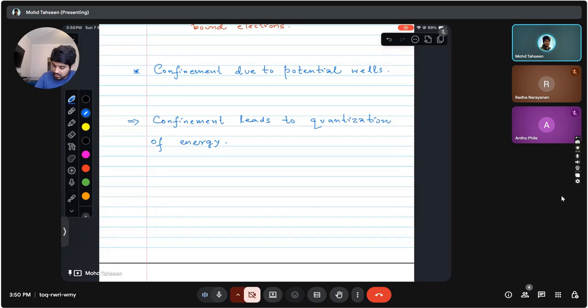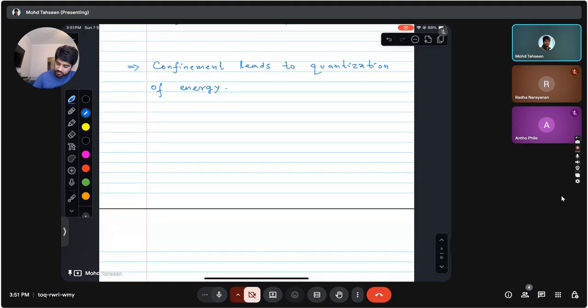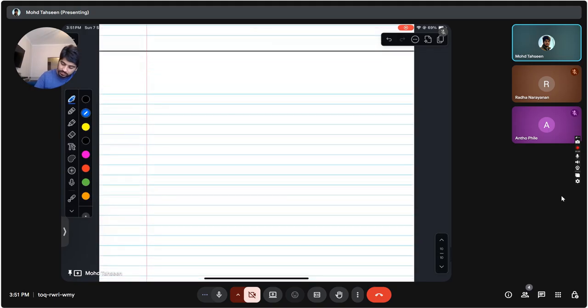Once we confine an electron, it's not possible that this electron can have any arbitrary energy. There are certain levels of energy that it can possess, and this happens because of confinement. That is what I am going to show now.